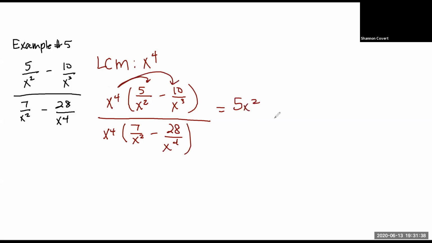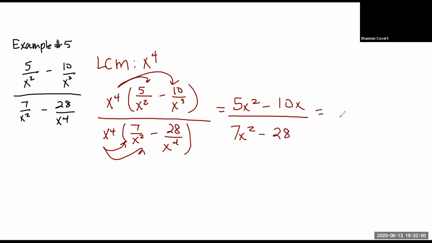X to the fourth times negative 10 over x to the third gives me minus 10x. In my denominator, x to the fourth times 7 over x squared is 7x squared. X to the fourth times a negative 28 over x to the fourth is negative 28.